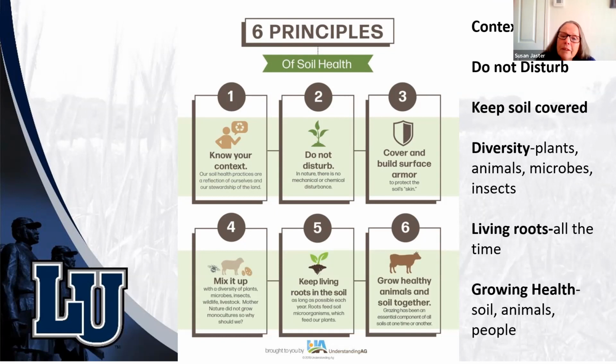We want to keep our soils covered and build surface armor so that protects that upper layer of the soil, which also helps moderate the temperature of the soil, which is another important factor in keeping our microbes happy, because they like 55 to 65 degrees.